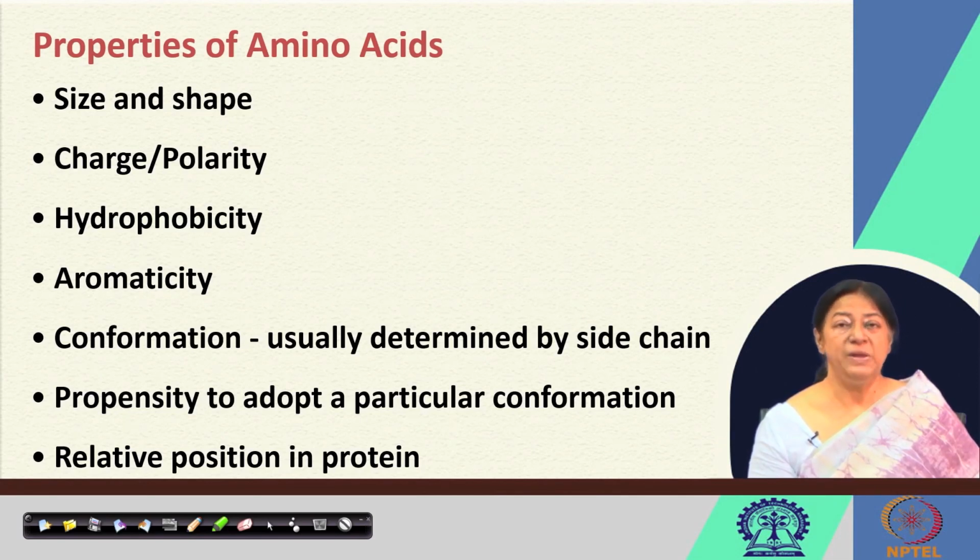Also, the propensity, which we will see later as we study protein structure, and the relative position in proteins. What do we mean by these terms? How are the size and shape going to affect the protein chain? How is the charge or the polarity or the hydrophobicity of the side chain going to be important in the polypeptide chain, in the overall interactions of the polypeptide chain or the protein?